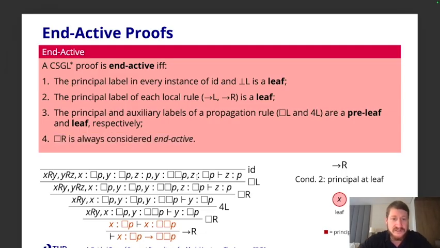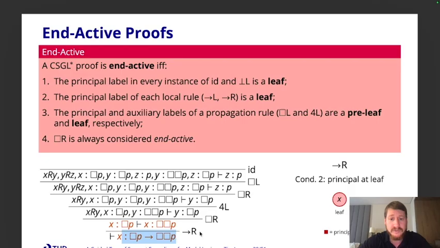To demonstrate this concept, I've given an example of an end-active tree sequent proof, which also doubles as an example of an end-active line sequent proof. I'll explain why each of these inferences is end-active according to this definition. At the base level, we have effectively a single vertex in our tree, X, and we have the 4 axiom, or transitivity axiom, stored there.